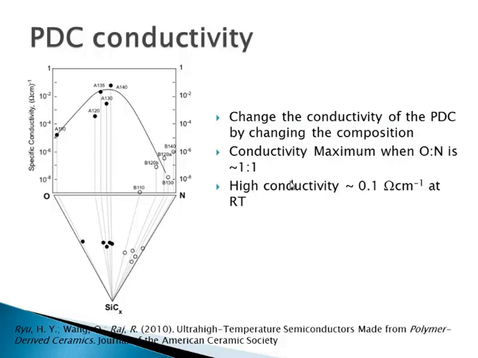If you increase the nitrogen, the conductivity is also quite low. But we found that there is an optimum range, with an oxygen to nitrogen ratio of 1:1, which gives higher conductivity. If you use this range, you can get high conductivity, like 0.1 ohm centimeter per centimeter.